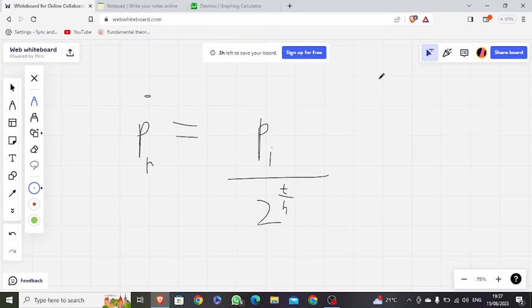If there was a substance with a half-life of 8 seconds, how do you do it after 16 seconds? How many atoms would there be after 16 seconds?